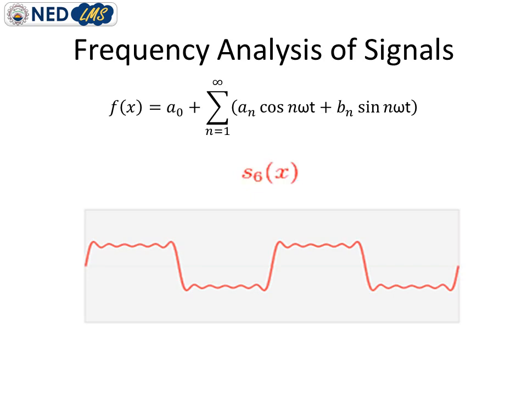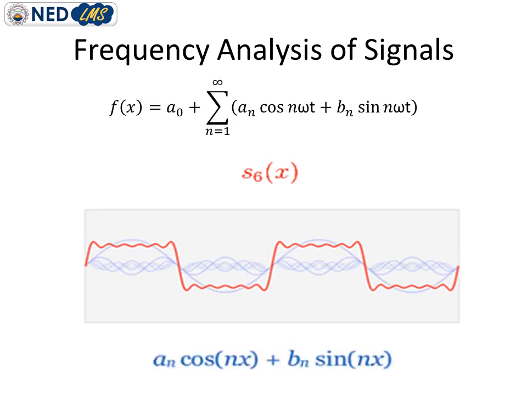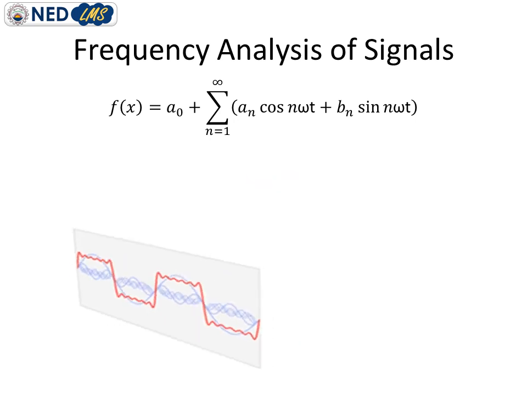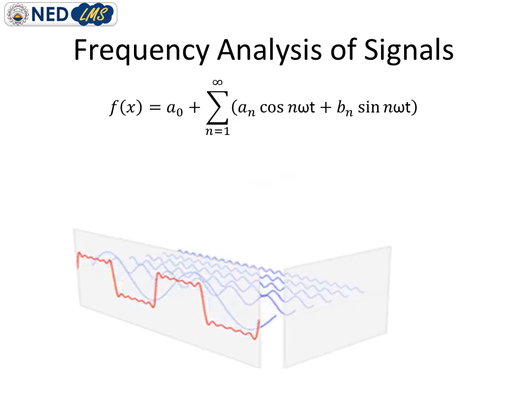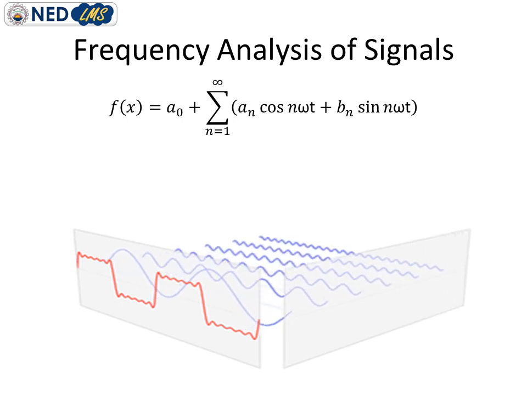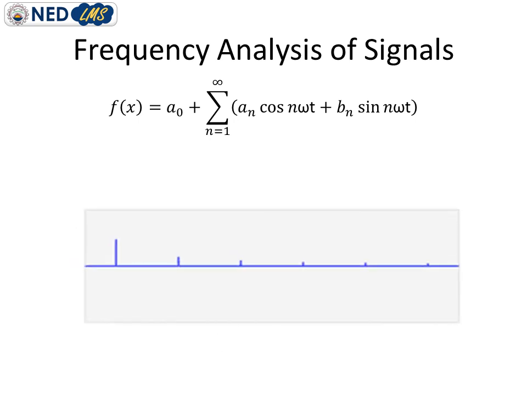So students, in this slide you can see a square waveform which comprises multiple sinusoids, and it is a time domain view. If you separate out all the components, then you gain the frequency domain view shown in the slide.